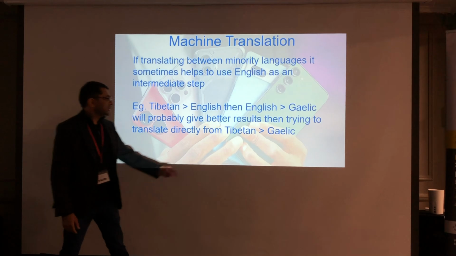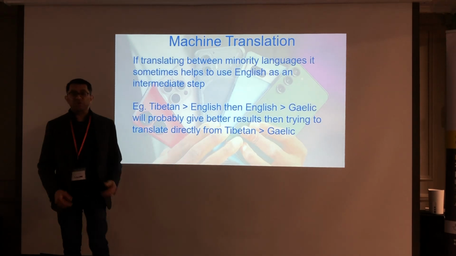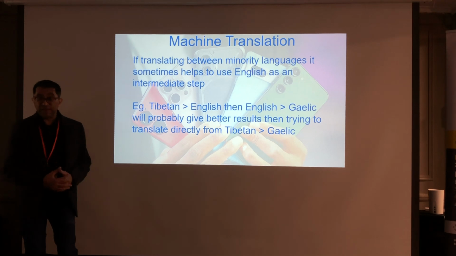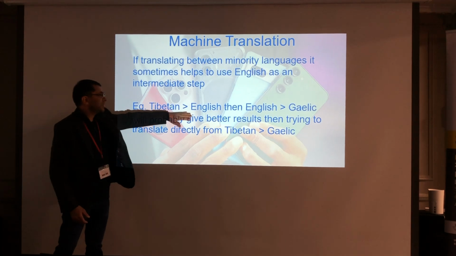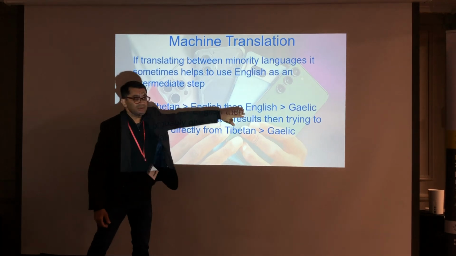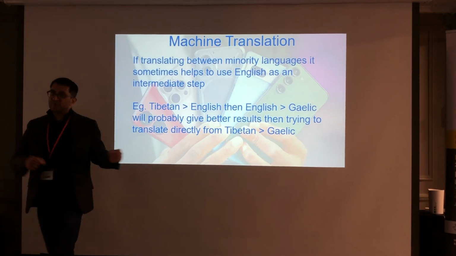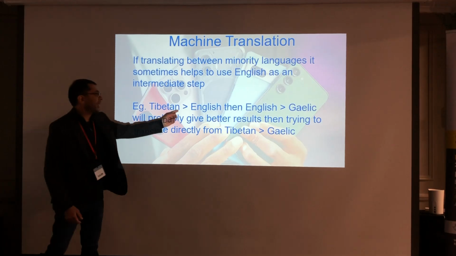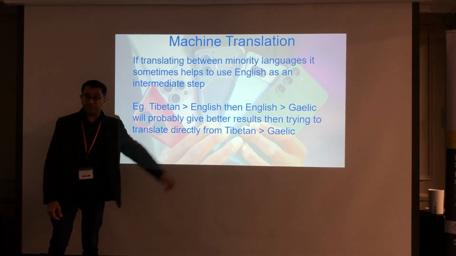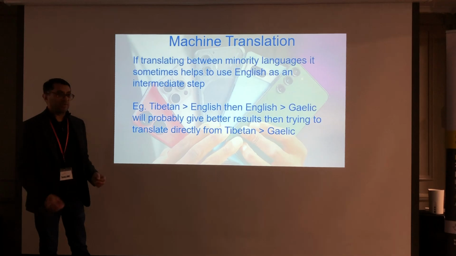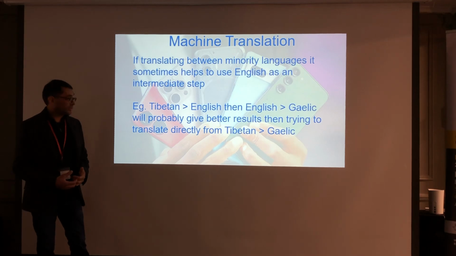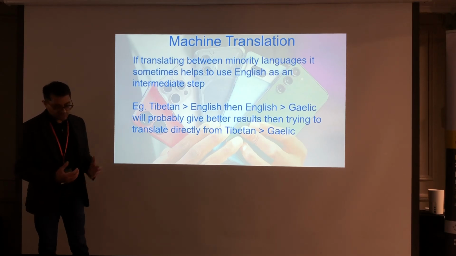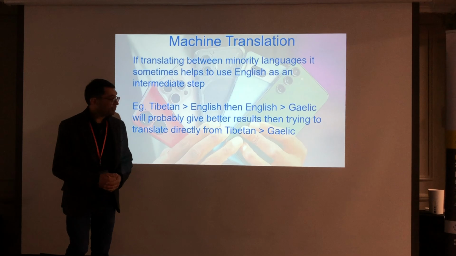The reason for that is it's unlikely that it's been fed any documents that have both Tibetan and Gaelic in the same document. Highly unlikely. But it might have seen that and that, and so it knows the word linkages between those two languages. So it will make a good job of that and a good job of that, and a terrible job of that. Going between English and most European languages is actually pretty easy, and some of the bigger Asian languages. But with some of the smaller languages, it doesn't do a very good job.